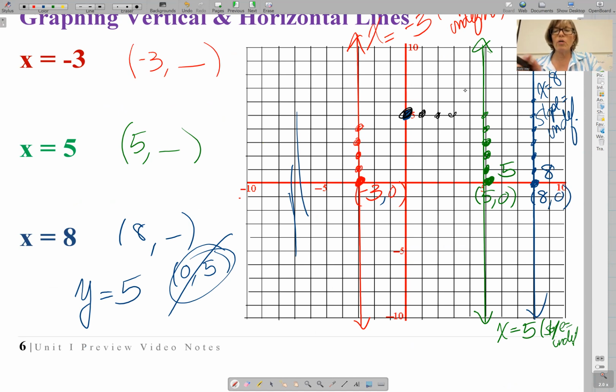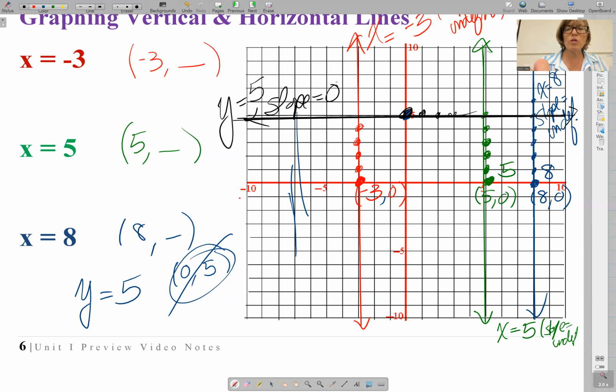So y's are always going to be horizontal lines. That's going to be y equals 5, and my slope is 0 slope. So that's horizontal and vertical lines.